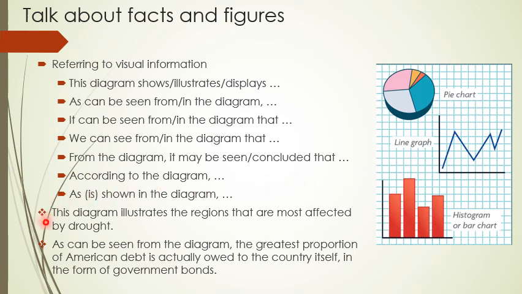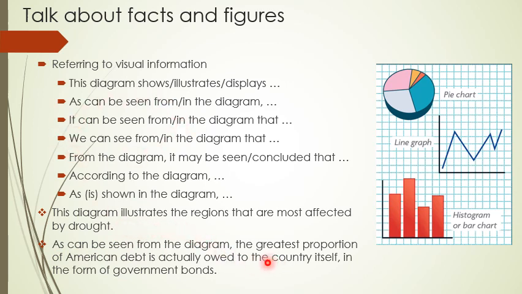Let's take an example. This diagram illustrates the regions that are most affected by drought. Talking about a diagram which illustrates the most affected area by drought. As another example, as can be seen from the diagram, we used one of these standard sentences.